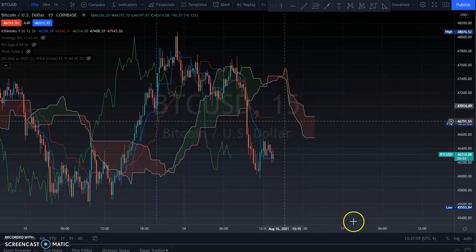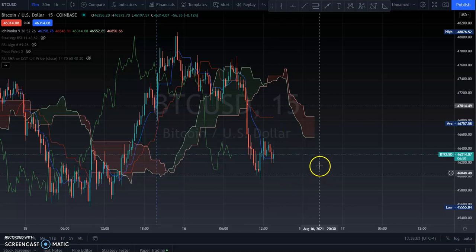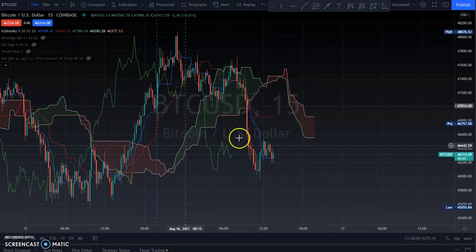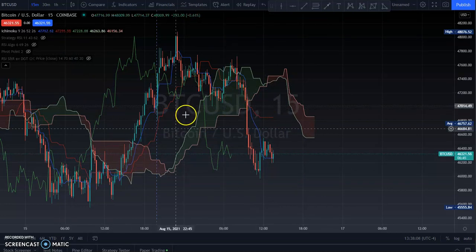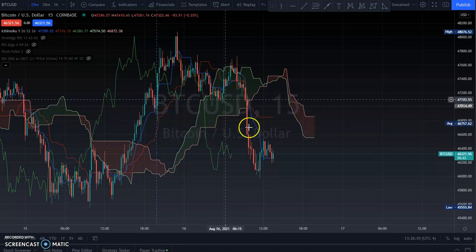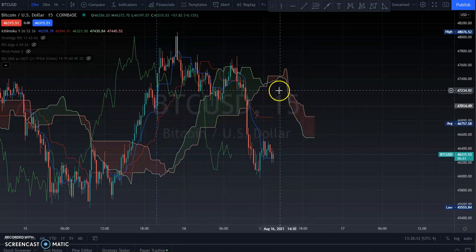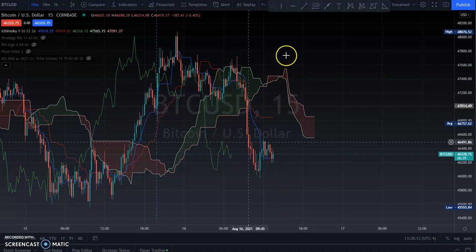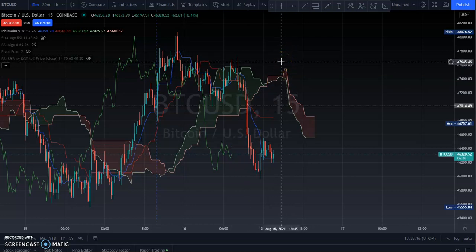If I see red ahead, that's an indication of further downward movement. The opposite is true for a buy: it's going to be above. It's literally flipped in the opposite direction, like a mirror image. That's very simple.